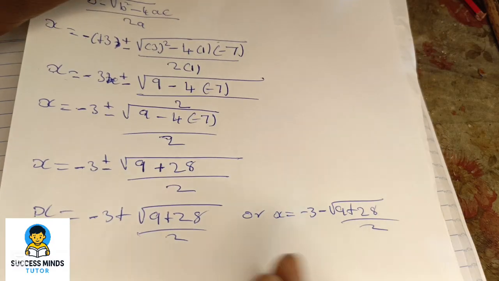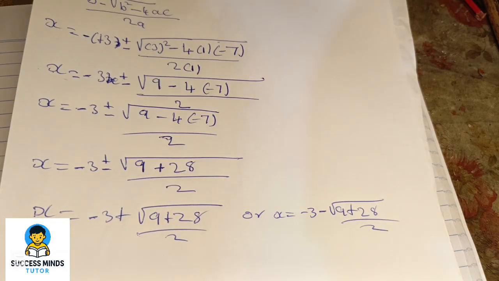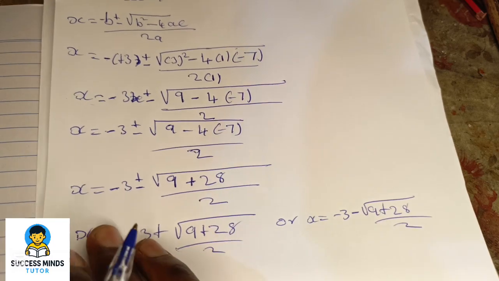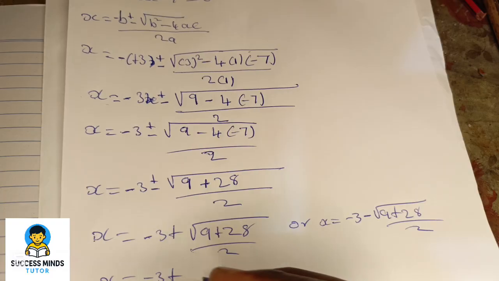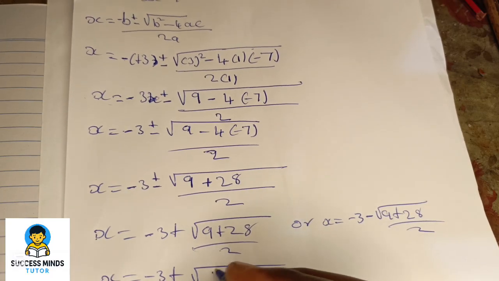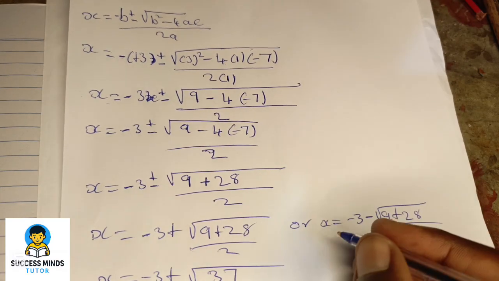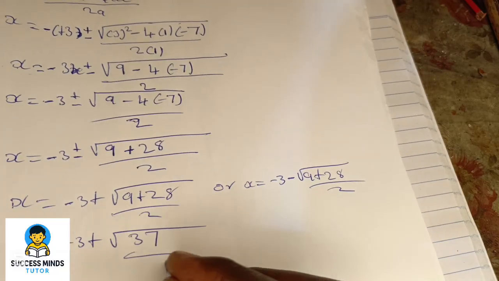Okay, so from here, guys, we are going to add. 28 plus 9, that is 37. So we are going to say x equals -3 plus square root of 37, then over 2.